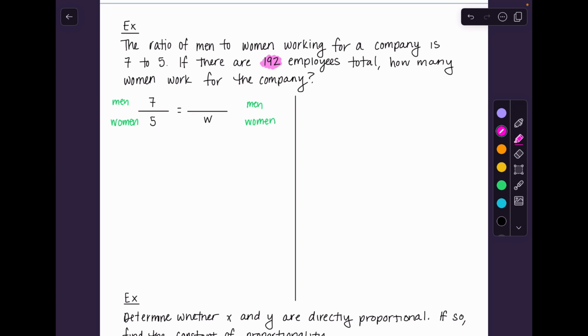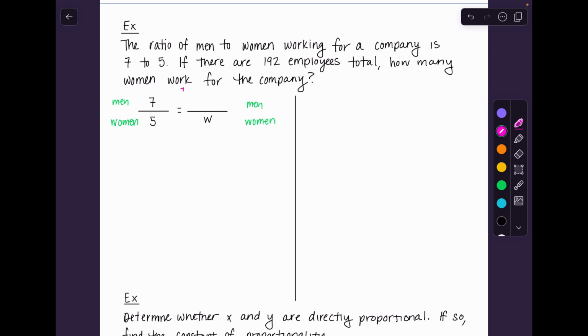So to break this down into simpler terms, say I were to have 2 women, that would then force 192 minus 2, or 190 men to be in the company. So really, I need to use an expression up here instead.